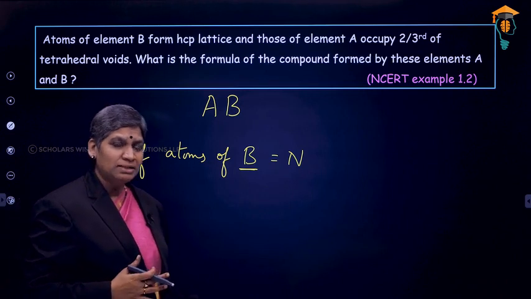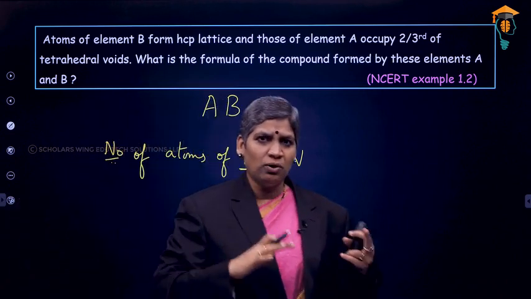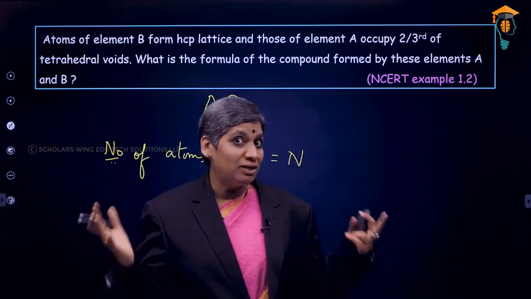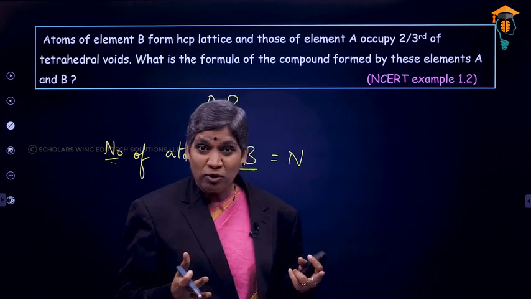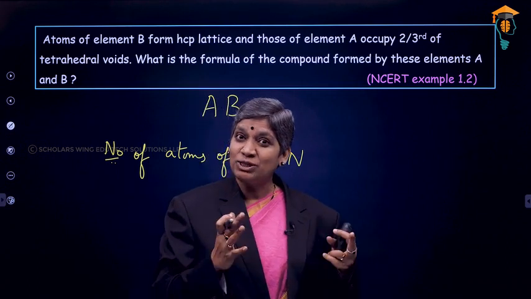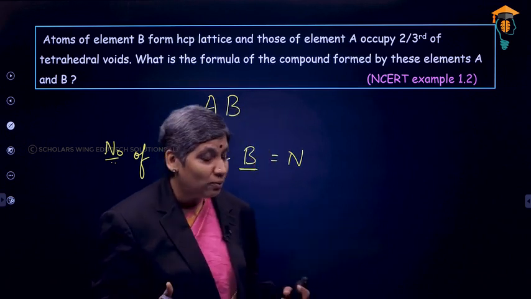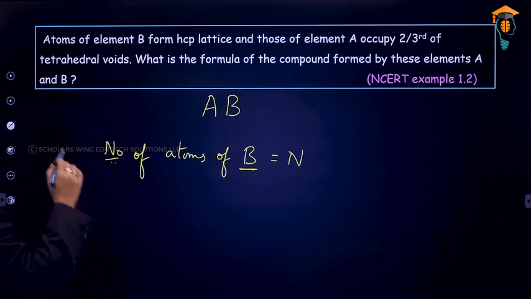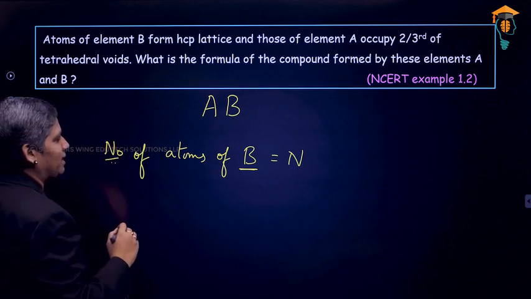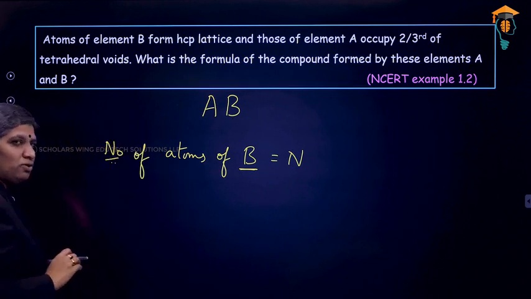Just now we saw that either TV or OV, for that matter, will not be completely occupied. Only a fraction will be occupied, and the fraction of either TV or OV occupied in turn depends on the formula of the compound, isn't it? Now see, the same concept is coming up once again here. 2/3 of TV only is occupied.